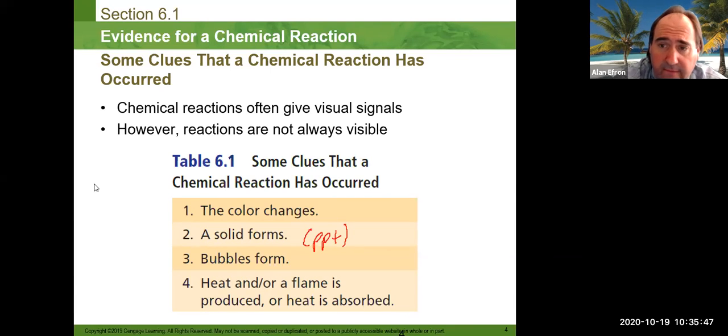Bubbles is also a very good example of something occurring in a reaction. Usually bubbles indicate some type of gas has been formed. Those bubbles that you see in a chemical reaction are the generation of some type of gas. Heat and or flame, obviously flame is visual, heat as well.